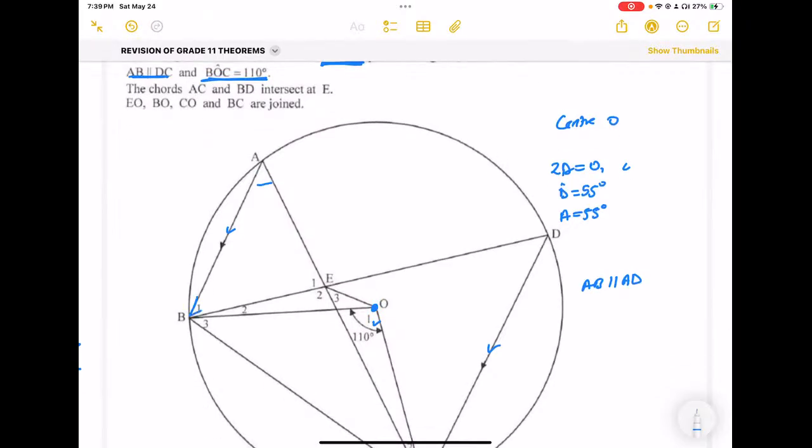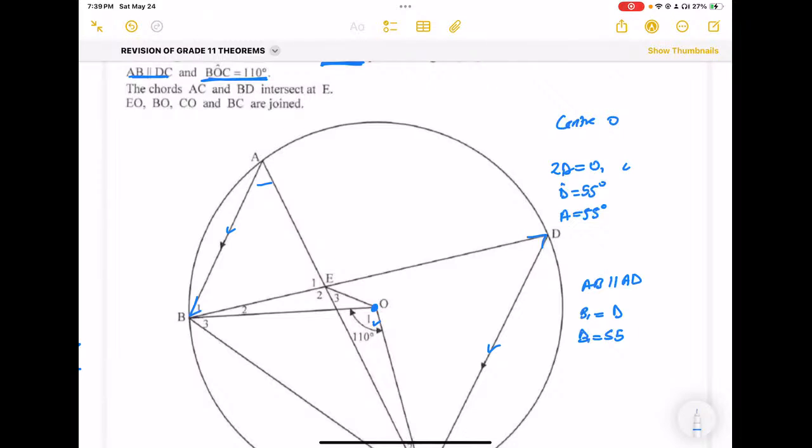So we can see that I've got a Z there. So I know that B1 is equal to D, and we calculated that D is 55. So even B1 is going to be 55.